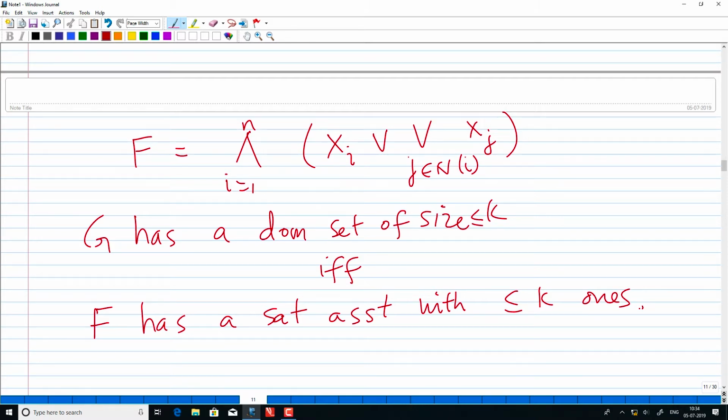Suppose it has a k vertex dominating set. Go and set the corresponding variables to 1. It will satisfy all these clauses because of the definition of dominating set. For every clause, either the vertex or one of its neighbors is set to 1. Conversely, if you have a satisfying assignment for this with at most k different ones, take the variables which are set to 1 into your set of vertices here in your graph. They will form a dominating set because each clause exactly encodes the definition of dominating set.